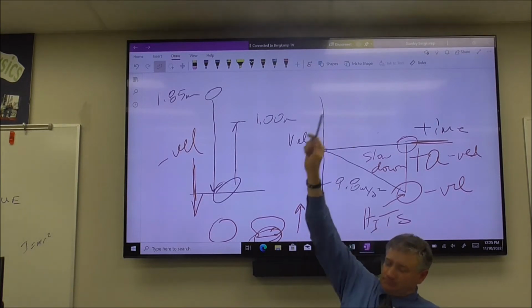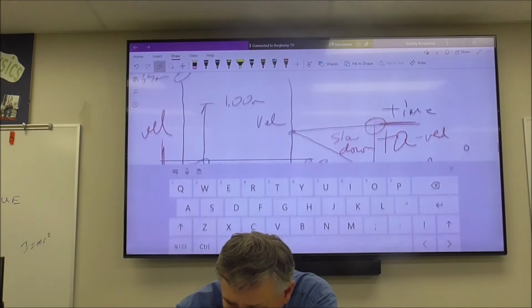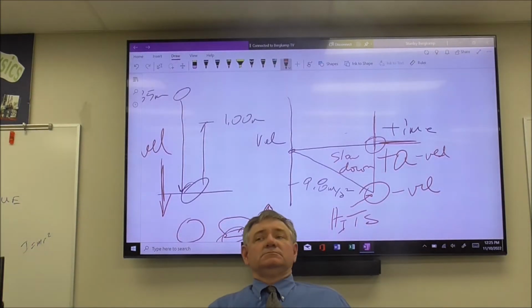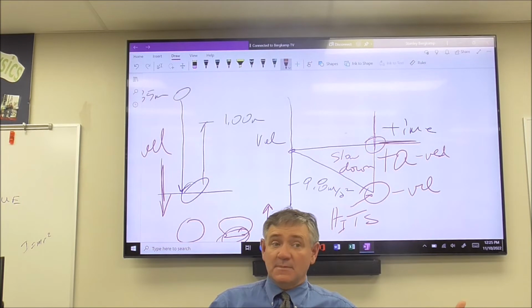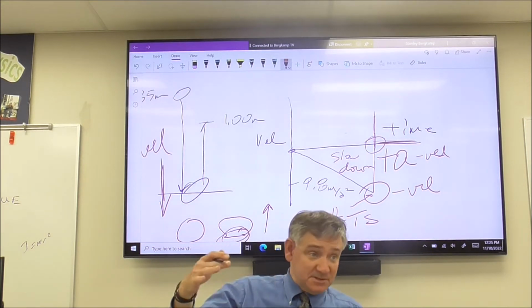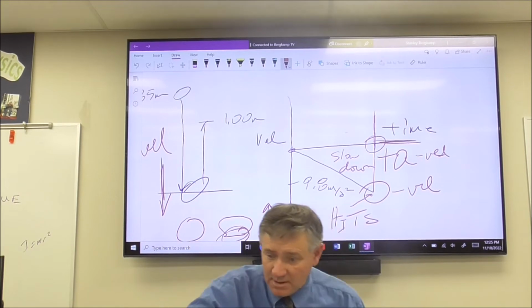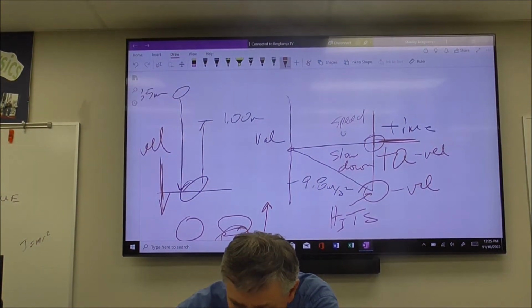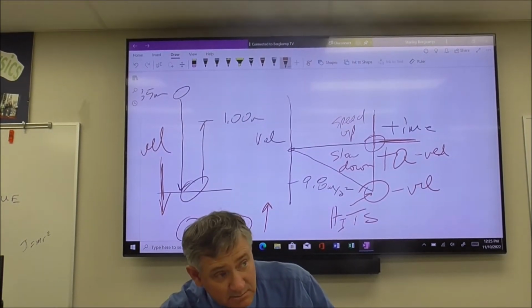Keep going up. So it's going to cross over like this. But now what's it doing? Now it's slowing down or speeding up? Speeding up. I can't go much slower than 0. So we stopped, we fully compressed it, and now we're going to speed up, because now what's the sign of my acceleration?